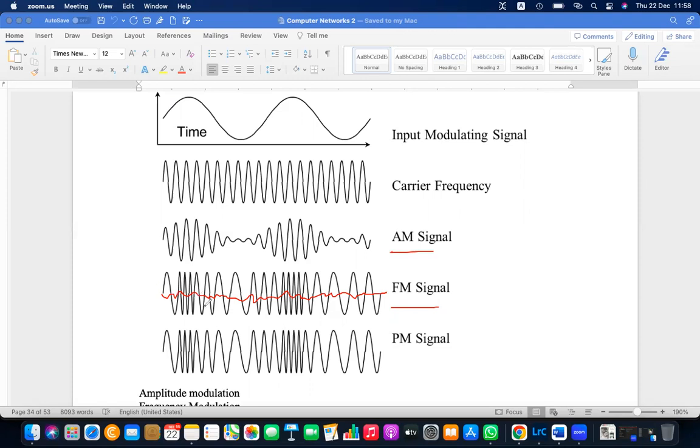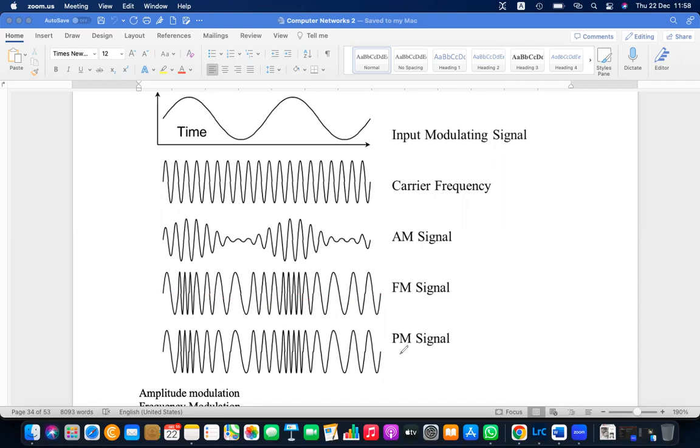But in FM, since they are not changing the amplitude of the carrier signal, you can see the noise is present, but it does not affect the FM signal much. Therefore, FM is more popular.